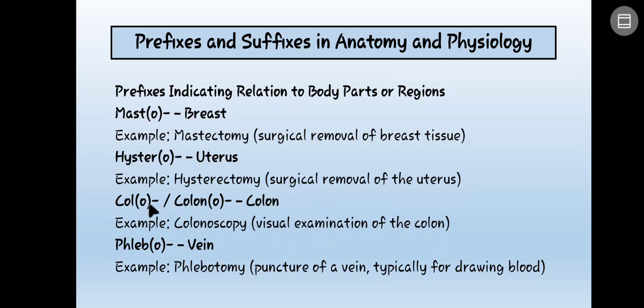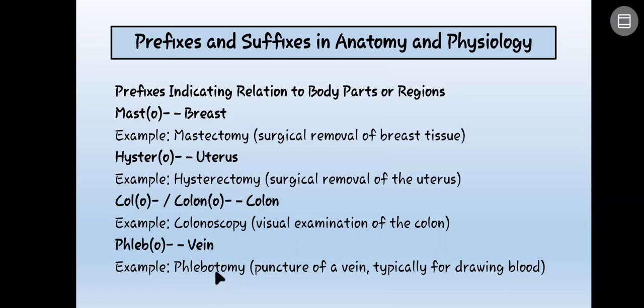Col or colo means colon. Colonoscopy is the visual examination of the colon. Phlebo means vein. So you see the word phlebotomy. Phlebotomy means puncture of a vein, typically for drawing blood.